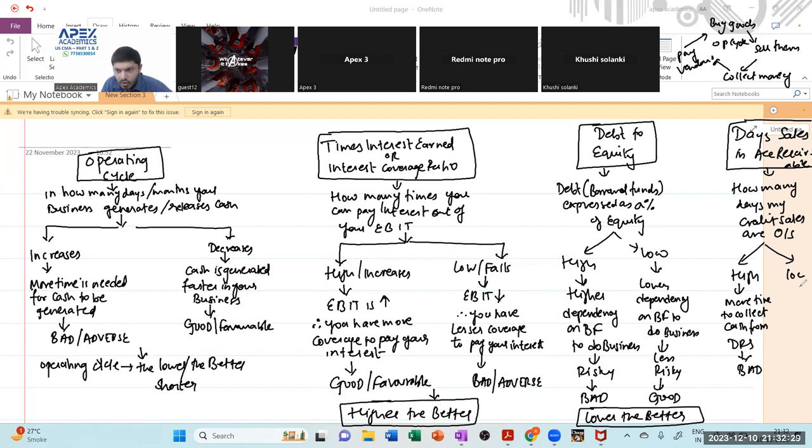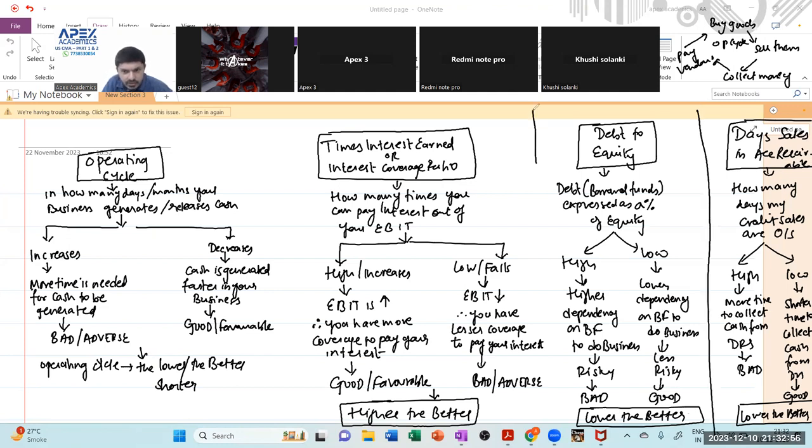And if this is low, it shows you shorter time to collect cash from debtors. This is good. So what should I say for this? Lower the better. Agreed or disagreed? Agreed, sir.